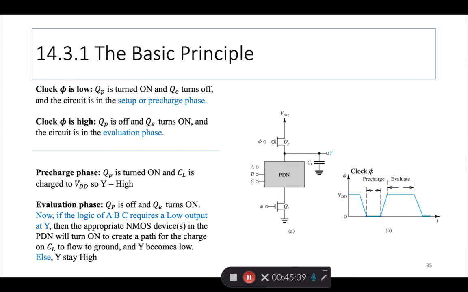If the PDN says, yeah, give me a low, then this will discharge because this is on. If the PDN says, no, no, stay at a high, because that's what my logic says, then nothing happens and Y retains this output voltage. So this is the basic logic of this dynamic MOS, and I will continue the theory and then do some problems in the next recording.